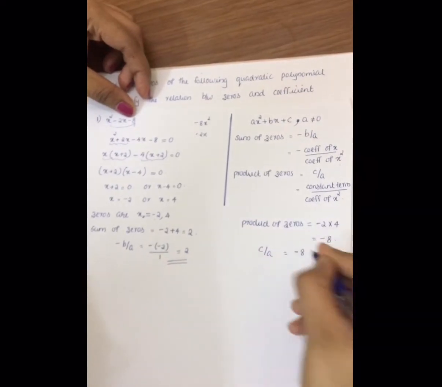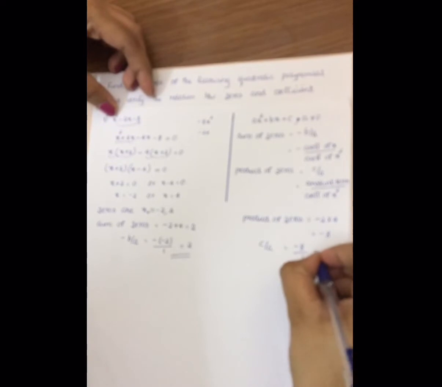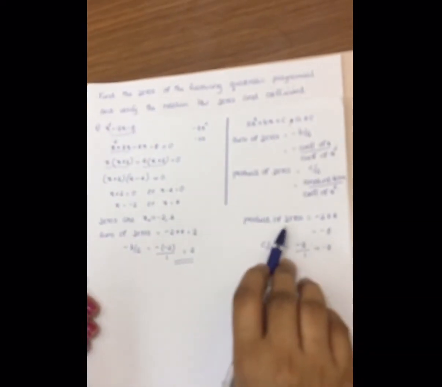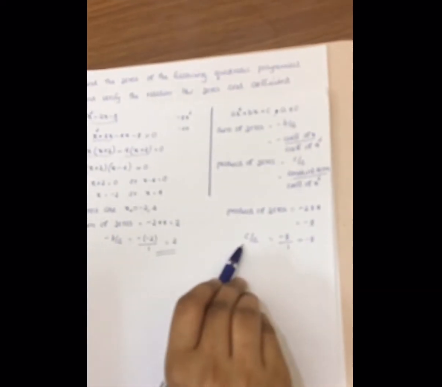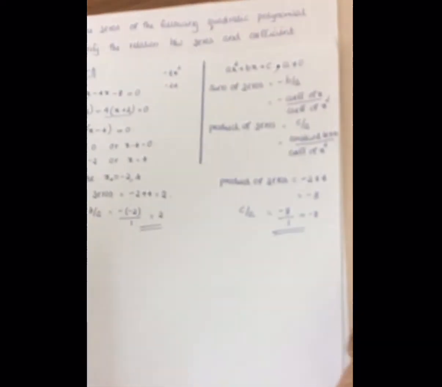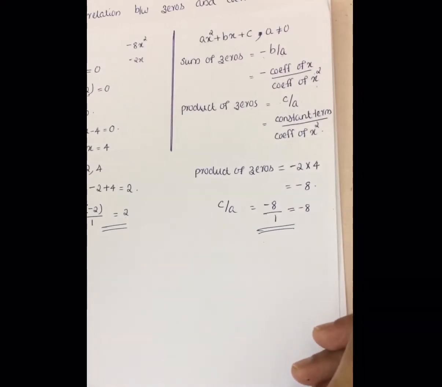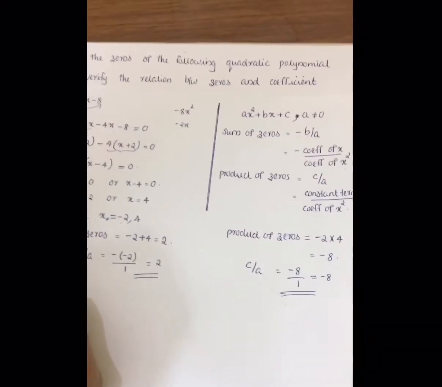The constant term is minus 8 divided by a, which is 1, which is equal to minus 8. So we have verified that the product of zeros equal to minus 8 is equal to c by a. So the first question we proved, and we move to the next question. Second question.